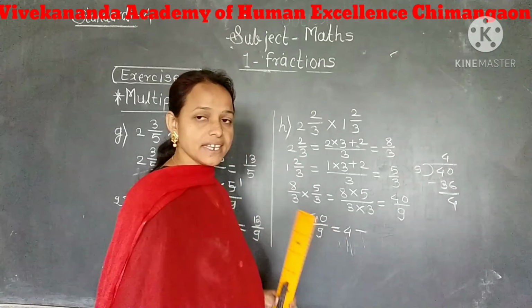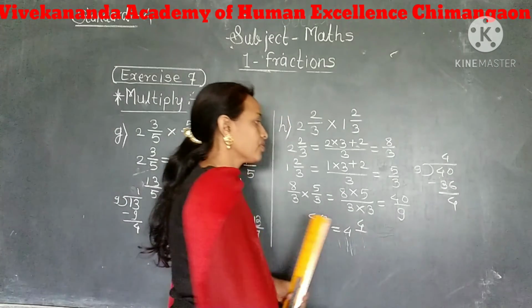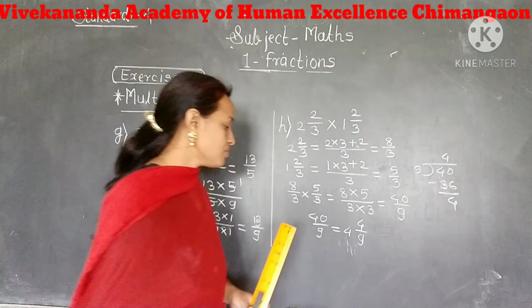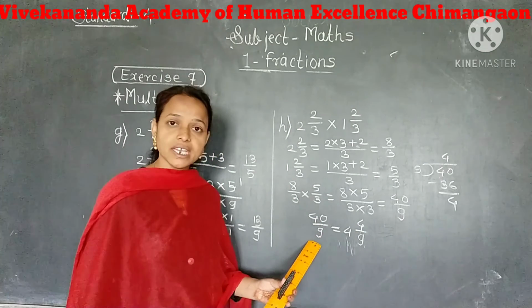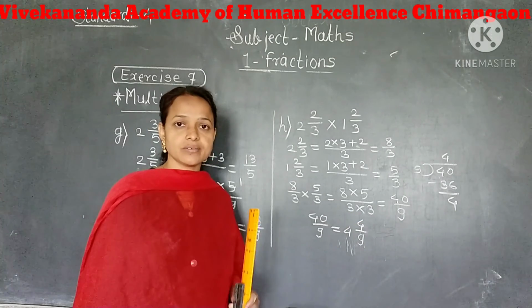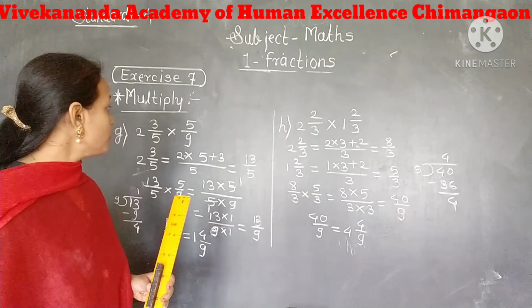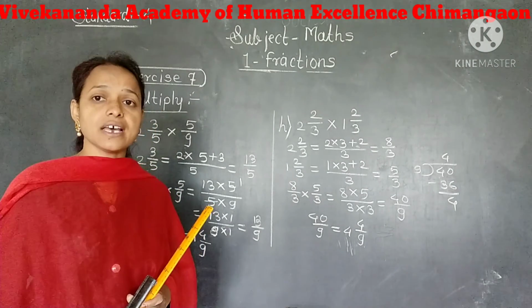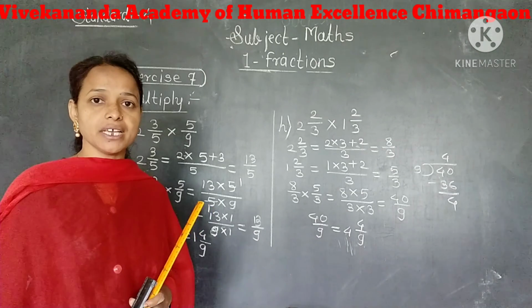The remainder 4 we write as the numerator. And the divisor 9 we write as the denominator. In this way we reduce the improper fraction 40 upon 9 to the mixed fraction 4 4/9. So here we multiply a whole number by a fraction as well as we multiply a fraction by a fraction.